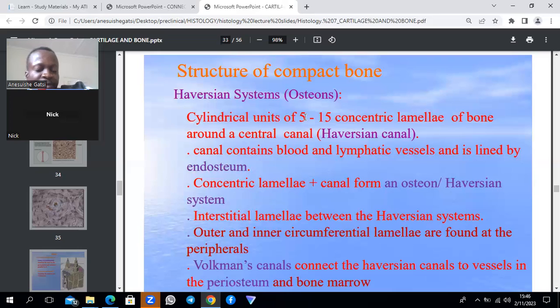They connect the Haversian canals with the periosteum. With the periosteum. What do you expect to be finding in the periosteum? The bone marrow. Come on. No, I said bone marrow is inside. Endosteum. Yeah, it's lined by endosteum. What is in the periosteum? It's written on the page. Come on.